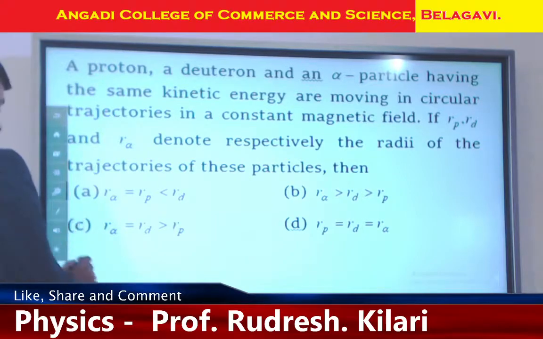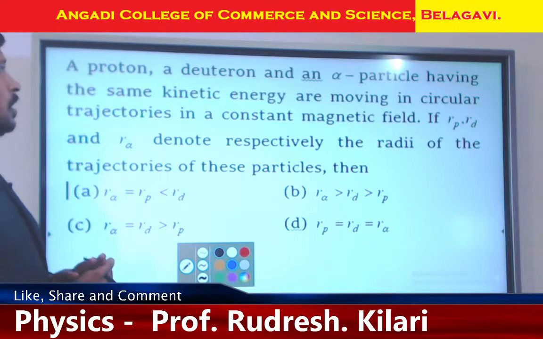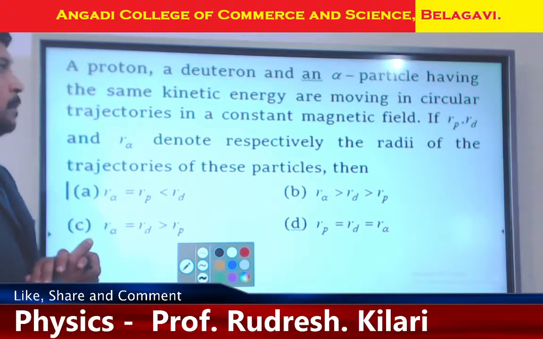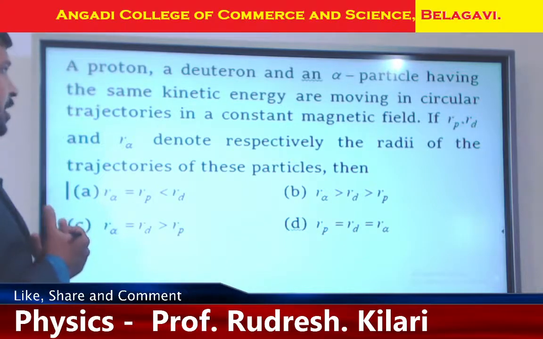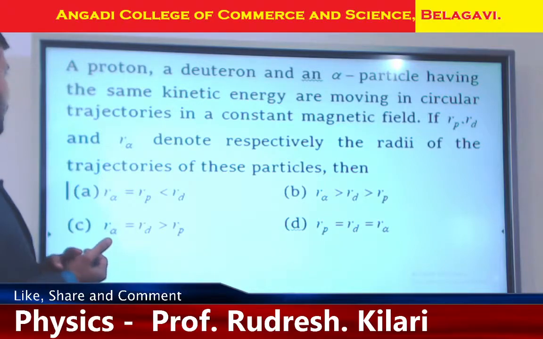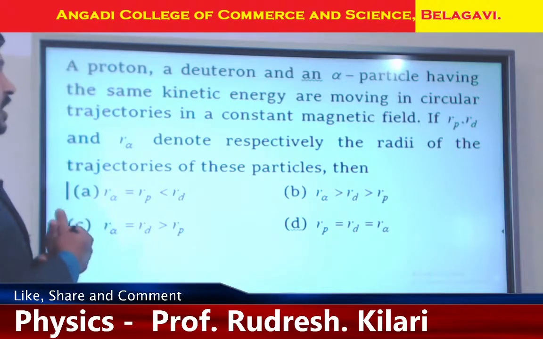Okay, next one. A proton, a deuteron and alpha particles having the same kinetic energy are moving in circular trajectories in a constant magnetic field.